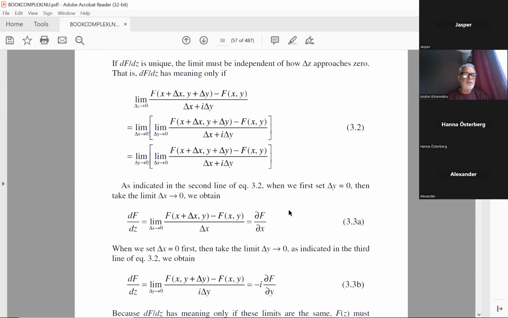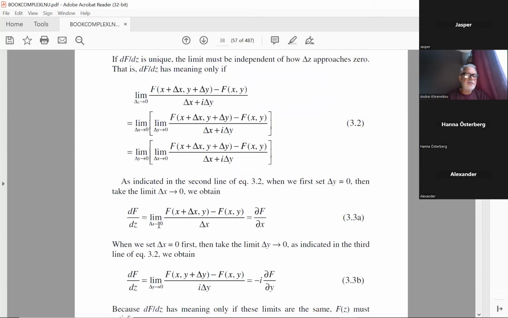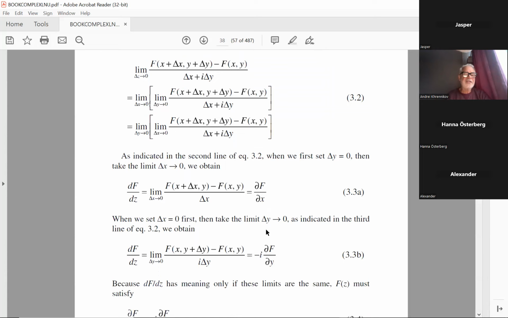If we do it this way, we set this just zero and go just with this, we get the usual partial derivative with respect to x. So this is, we go through the real line.